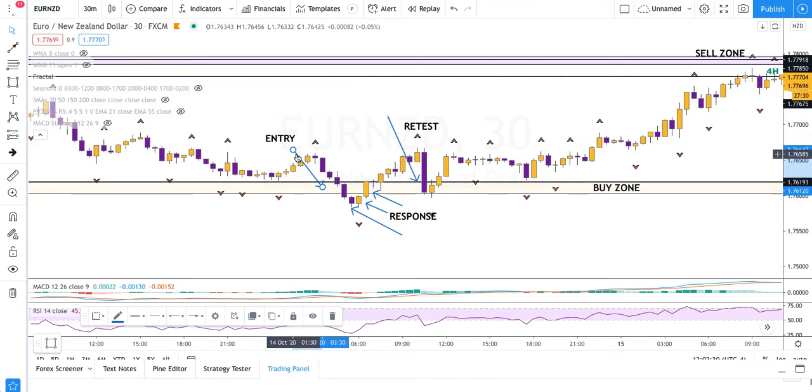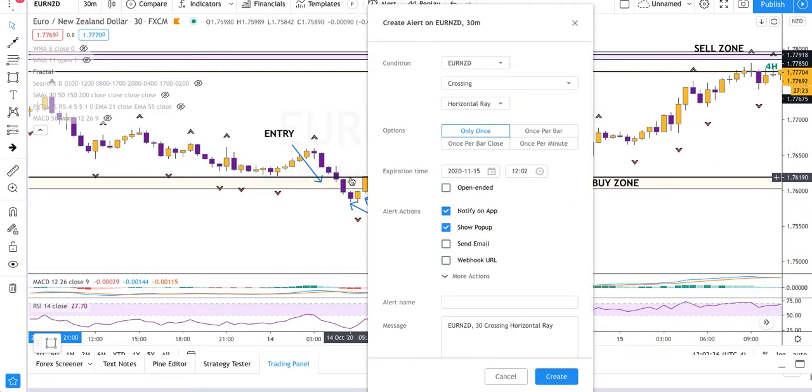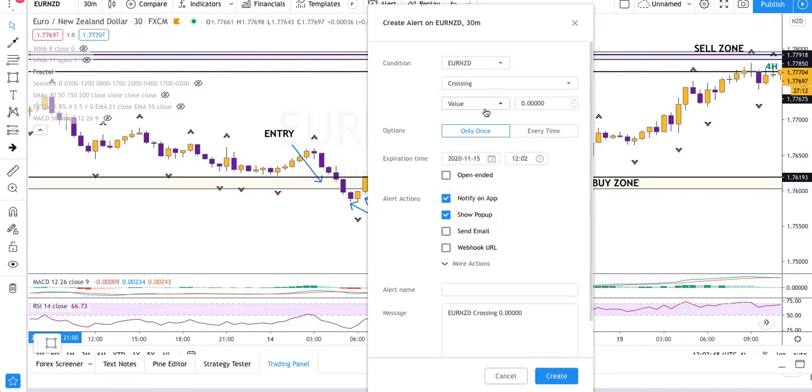So if you want, you can set an alert and you'd say, okay, I want to know when price comes back into this area. So you go, price is the Euro New Zealand dollar, crosses the horizontal ray, or you can put a value.